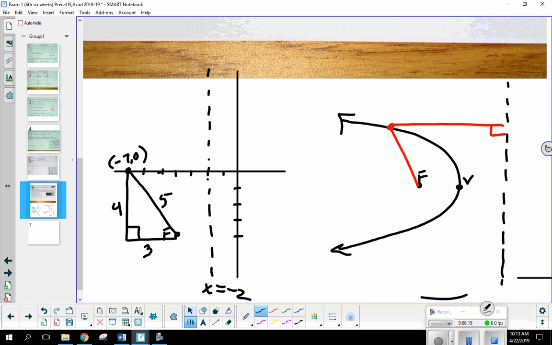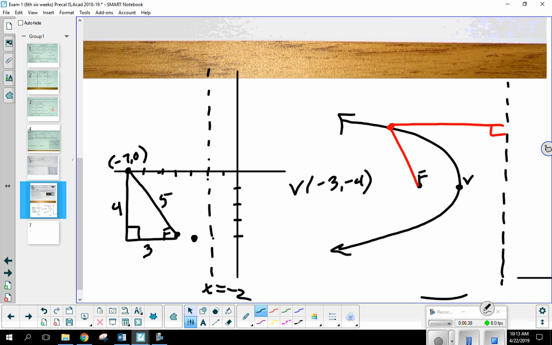Well, remember that the vertex is always going to be midway between the directrix and the focal point. So my vertex should be at what location? Looks like negative what? -3, -4.